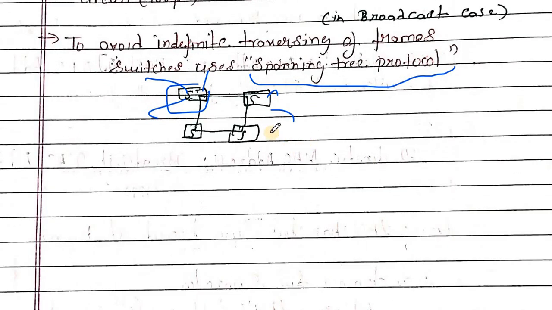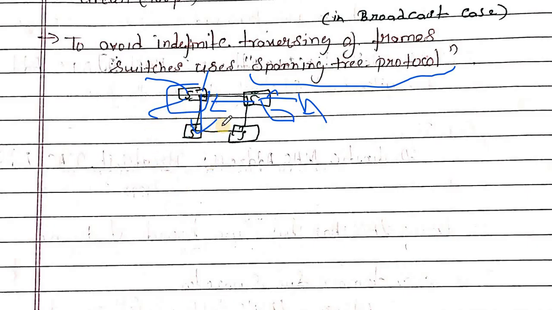What is infinite looping of the frames? It means that if a node wants to send a frame, it sends the frame, then the switch forwards the frame toward another switch. If there is no host having the destination MAC address that is on the frame, then it will transfer it to another switch.